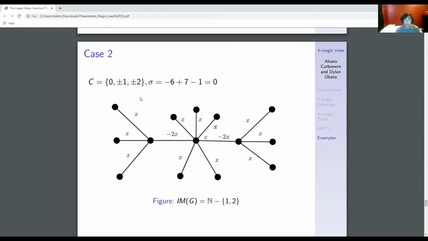These numbers coming from the amount of vertices distance 2 away from the center, so in this case 6, plus the amount of vertices distance 1 away from the center, in this case 7, and then finally subtracting the center, so 1, and we get 0. From our theorem, we can conclude that the integer magic spectrum of this graph will be the set of natural numbers excluding 1 and 2.